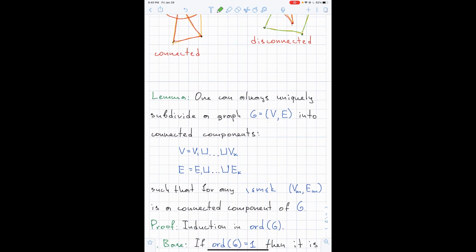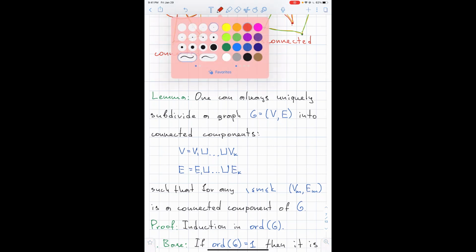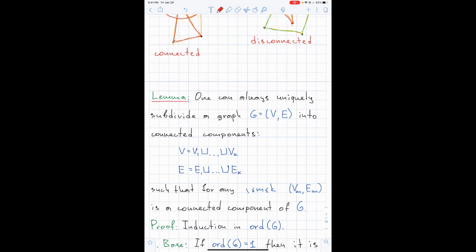Well, in fact, we have this little lemma, which is very clear intuitively once again, but nonetheless, I'll give a proof because I like formal proofs. The lemma says that one can always subdivide the graph into connected components, and that's actually done in a unique way. If a graph is disconnected, it naturally falls apart into these connected components.